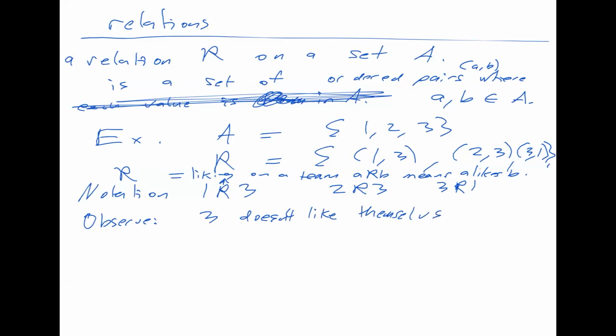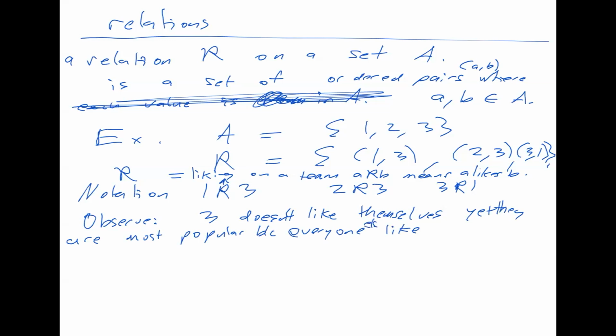And who's the most popular person? 3. Right. So 3 doesn't like themselves, yet they are the most popular, because everybody else on the team likes them. Remember, you might not like yourself, but maybe everybody else likes you the most.